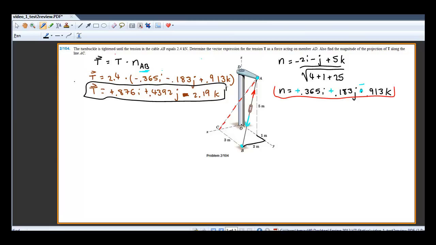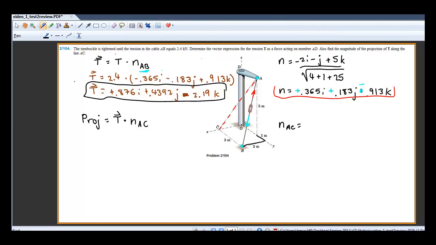So that's the tension. How do we get the projection from AB to AC? We take the projection, which is equal to the vector tension dot product with the unit vector from A to C, n_AC.